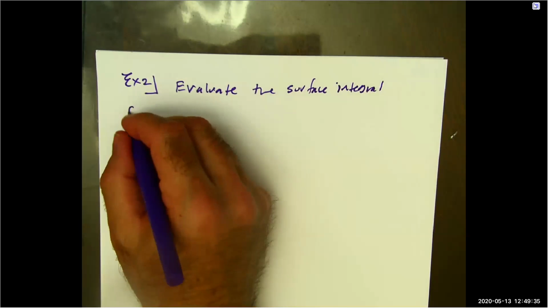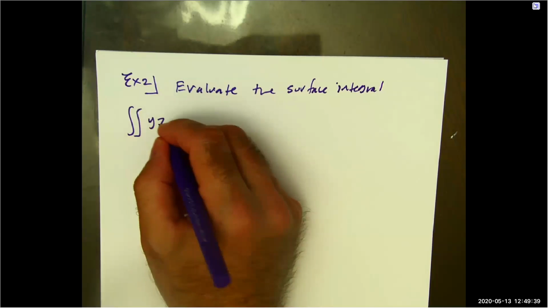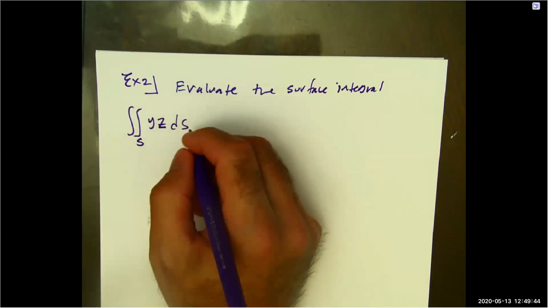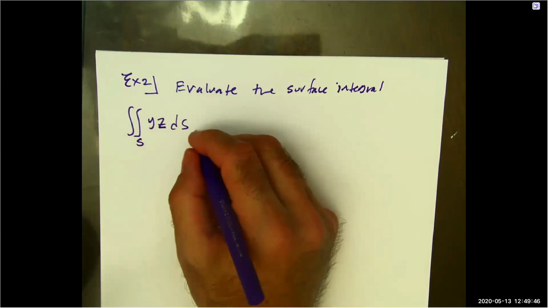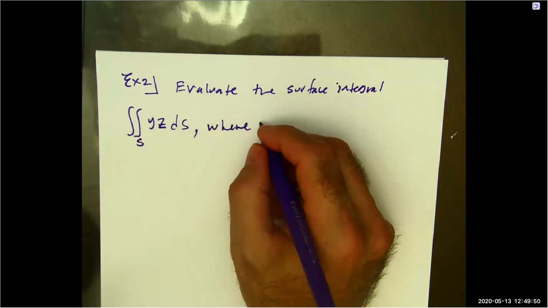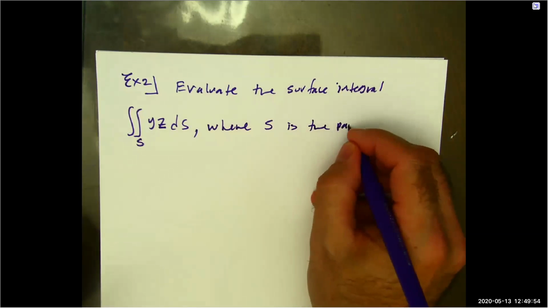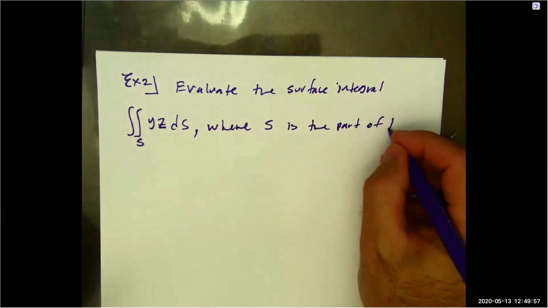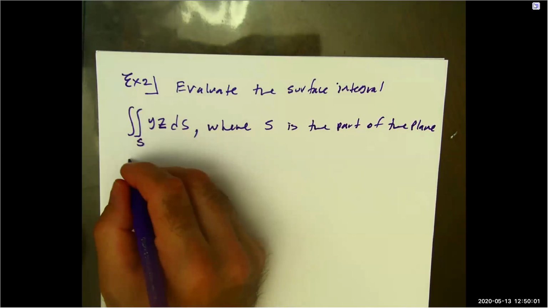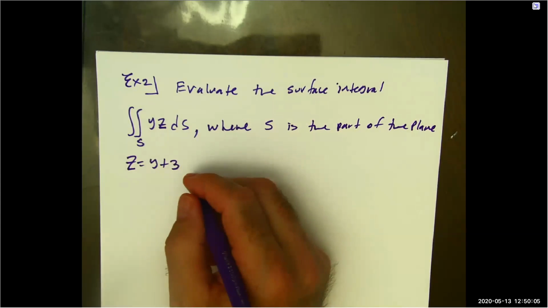The surface integral is going to be yz over S dS, where S is the part of the plane z equal to y plus 3 that lies inside the cylinder.